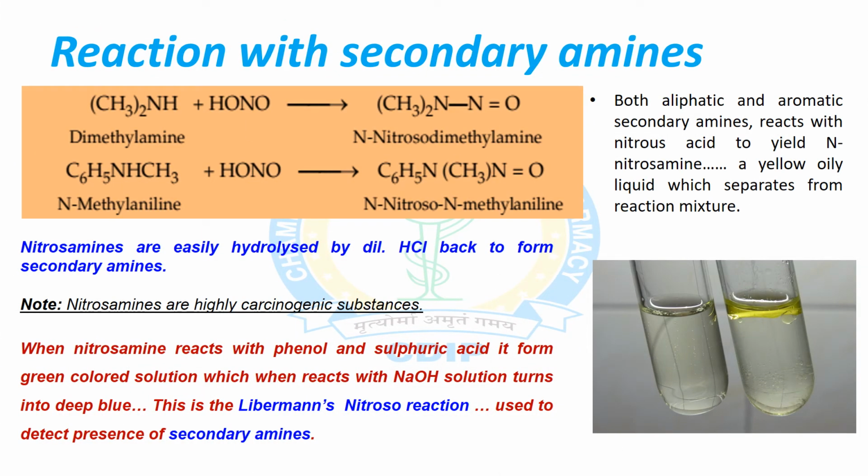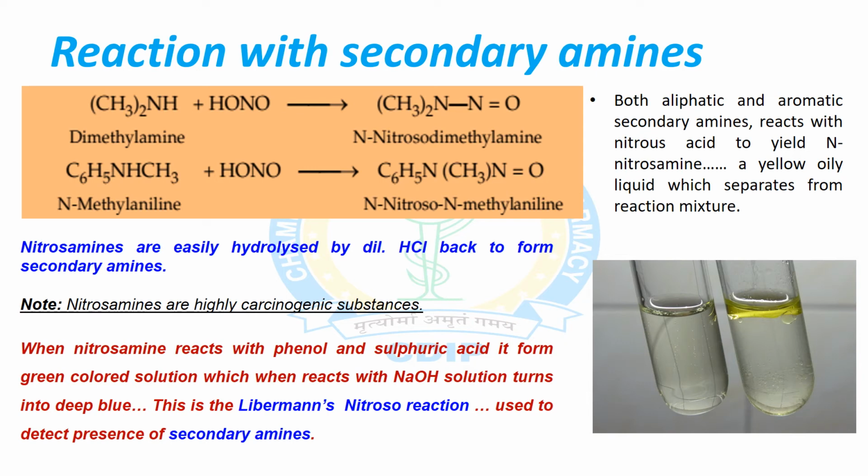Now, secondary amines, whether aliphatic or aromatic, react with nitrous acid to yield a nitrosamine, a yellow oily liquid which separates from the reaction mixture. As shown here in the slide, you can observe the oily yellow liquid in the test tube. Nitrosamines are easily hydrolyzed by dilute HCl back to the secondary amine.